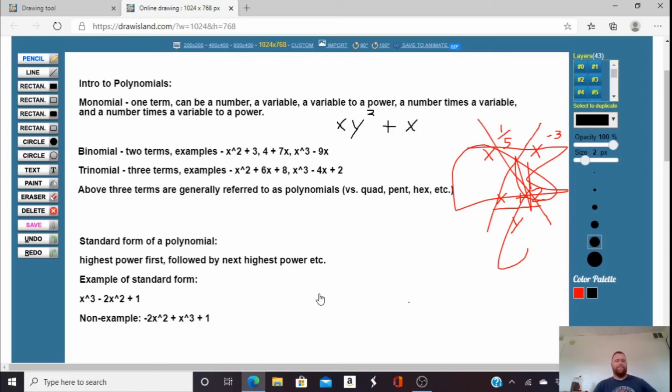Okay, you can get a bit more complex with this. Sometimes it's a little bit difficult if you have one term like x y squared. That has a degree of 3 because you really have x to the first power times y squared.